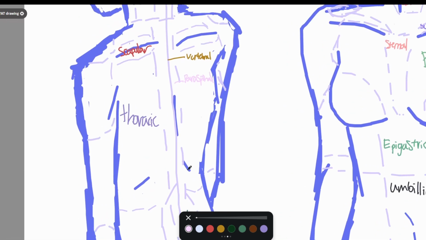So now let's move on to the back of the arm, which has a few more similar points. Let's whiz through these. Up here, acromial. Over here, deltoid. Here, still brachial.